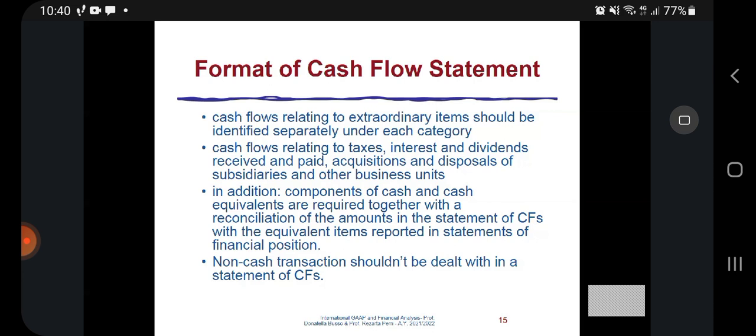Allow me to mention only one thing. In case you have purchased a big plant, but have not paid in cash for this plant, but you have issued a loan, or debentures, let's say, you have issued bonds, and the proceeds of the bonds have been used to purchase the plant, this is not going to be shown in the cash flow statement at all.